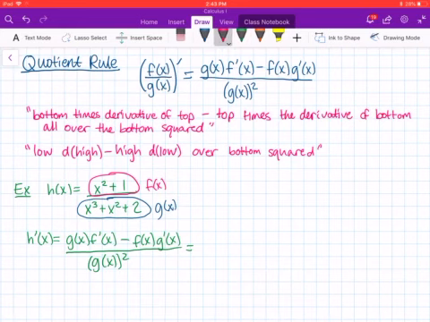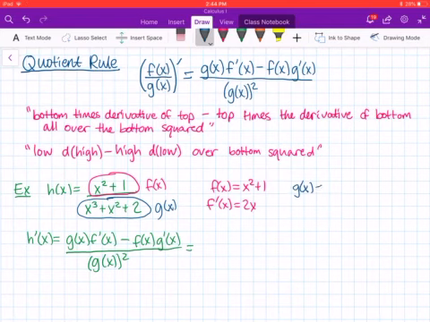We can go off to the side again. We write f of x equals x squared plus 1. The derivative is 2x. We got our g of x is x cubed plus x squared plus 2. We take its derivative. We get 3x squared plus 2x. And now we can just substitute in.